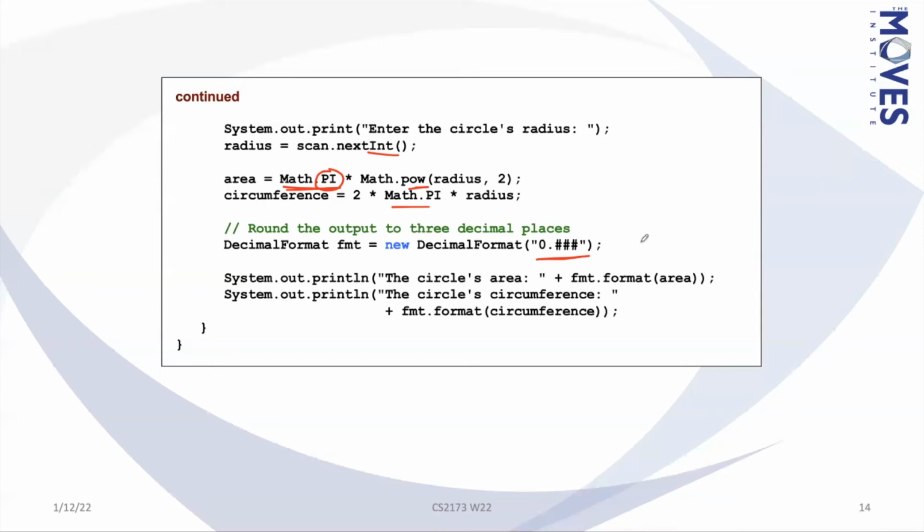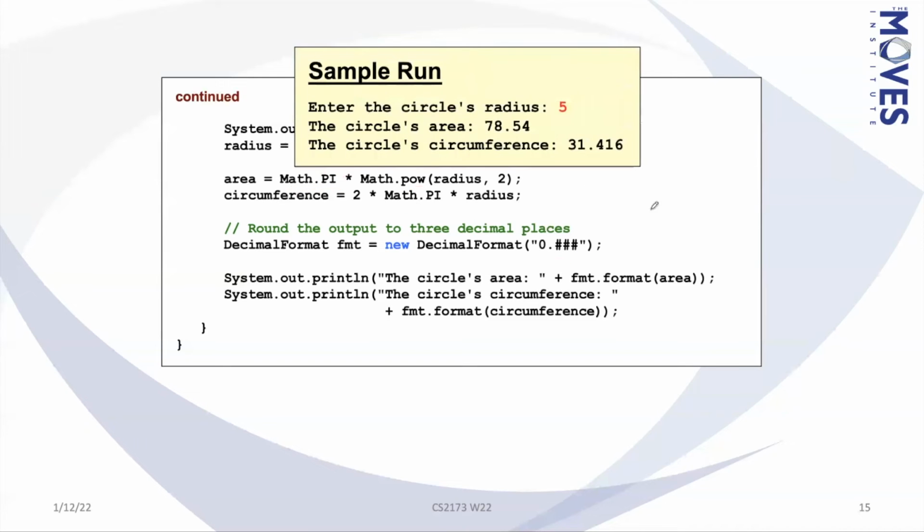It'll leave the last one off. Okay, so here's how it comes out. If we give a radius of 5, then the area was 78.54, and the circumference was 31.416.